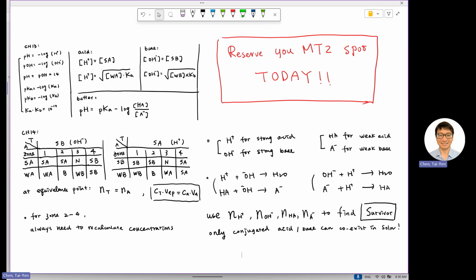Okay, so any questions before we get started? On the board is actually the summary of chapters 13 and 14. We don't have too many equations to memorize for midterm 2, right? The difficult thing for students is seeing what kind of solution you have. So that's what you should practice the most.